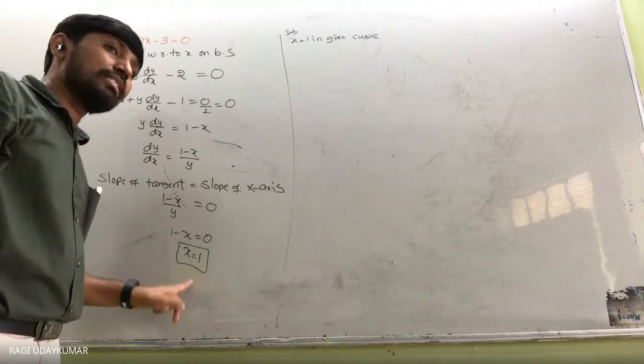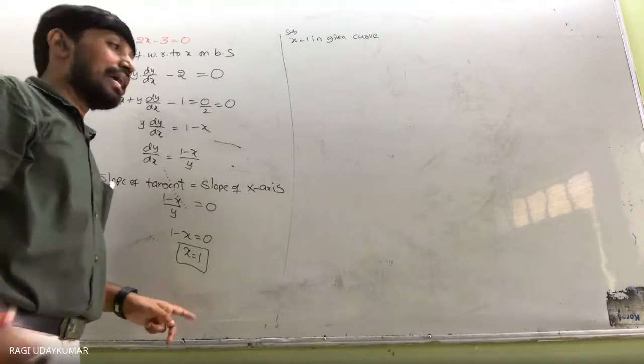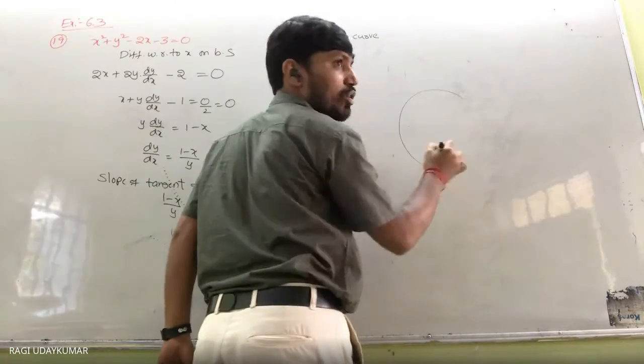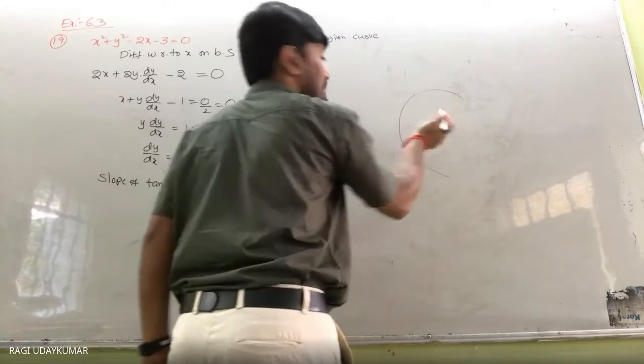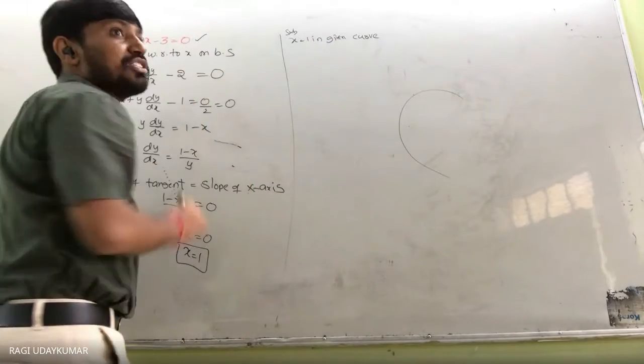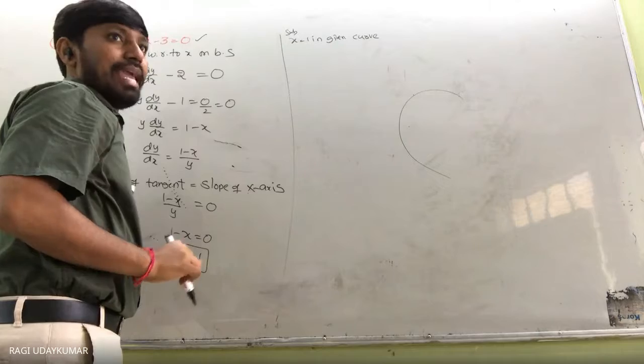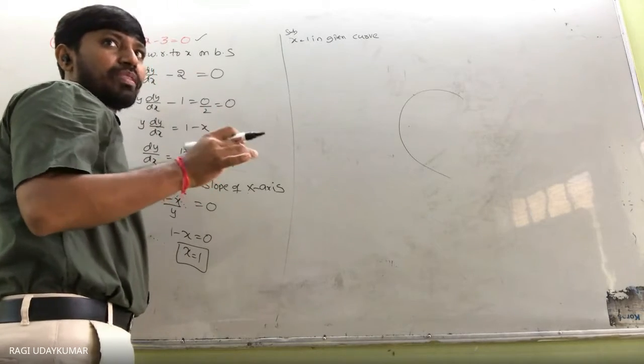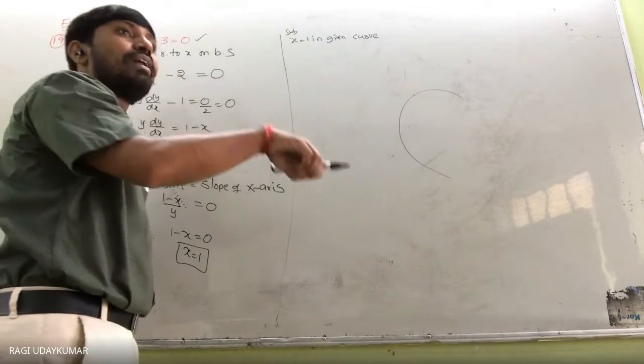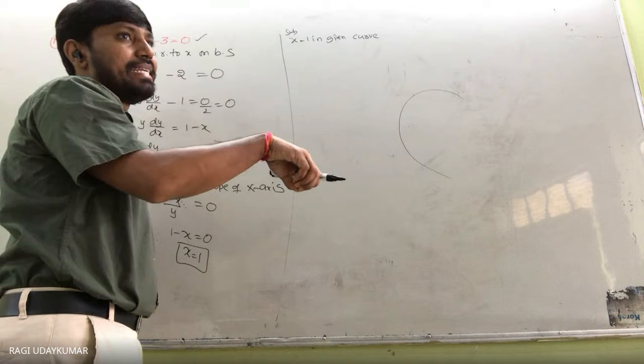This point lies on the curve. What is the curve equation? This is the curve equation. x is equal to 1 is the x coordinate of the point. If we need the y coordinate, then you need to substitute in the given curve.